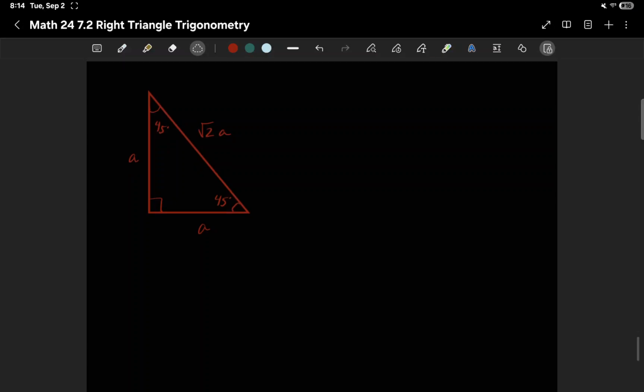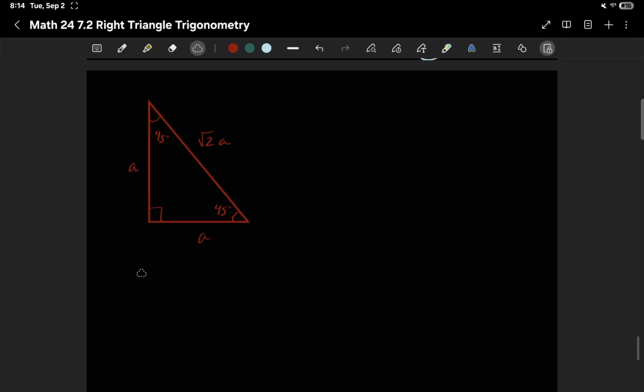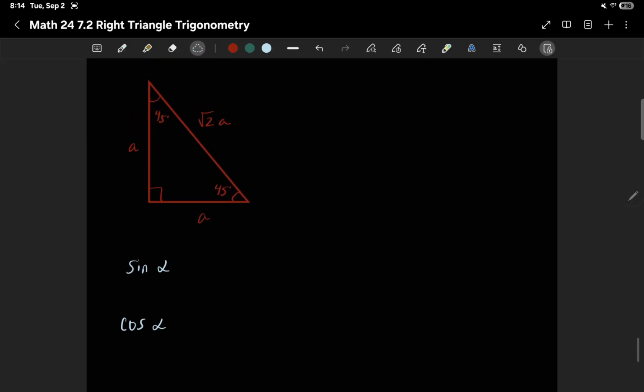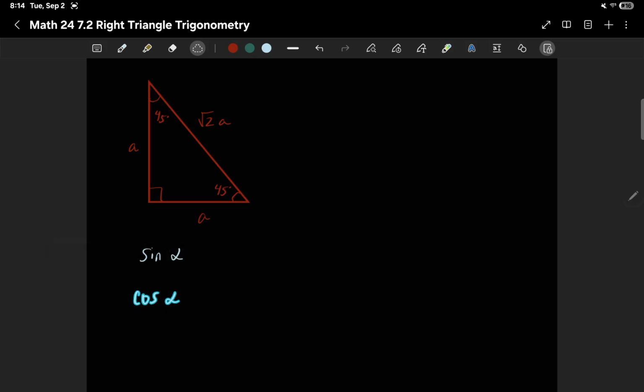Now that we've done the 30, 60, 90 triangle, we're going to do the same thing with the 45, 45, 90 triangle. So we have sine of alpha, cosine of alpha, and tangent of alpha.